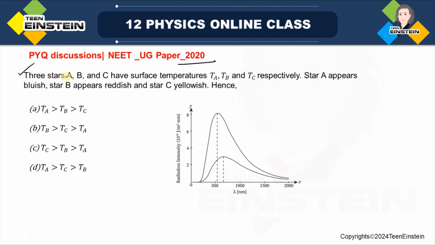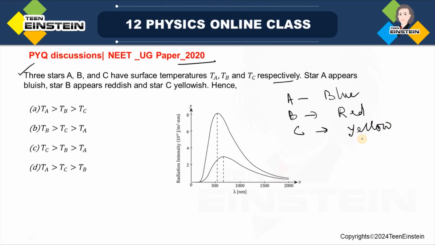The question says 3 stars A, B, C have surface temperatures TA, TB and TC respectively. Star A appears blue, B appears reddish, B red, and C yellow.